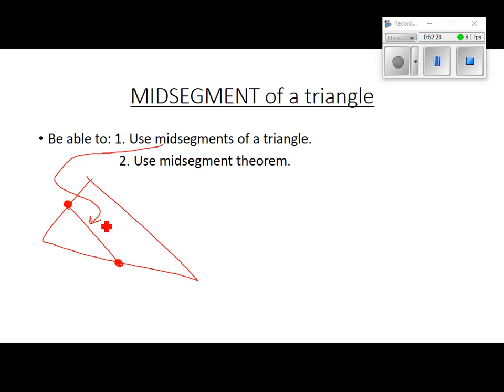Mid-segment. If I put the midpoint over here, what's formed in the middle here? Triangle. Anybody have a guess how creative the math person was that named that triangle? Not very.